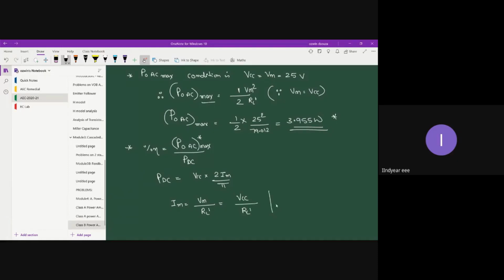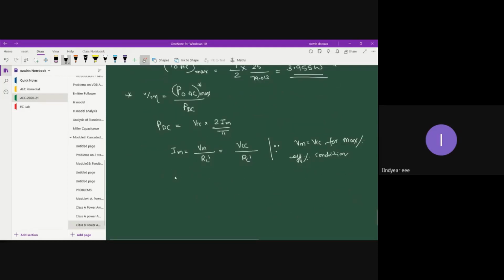Let me write on the side that Vm is equal to VCC for maximum efficiency condition. All right. So I get Im is equal to VCC. What is VCC? 25 divided by 79.012.